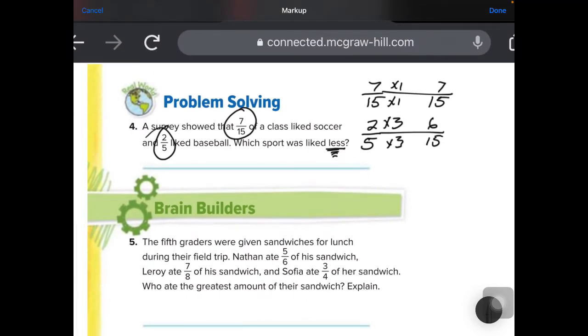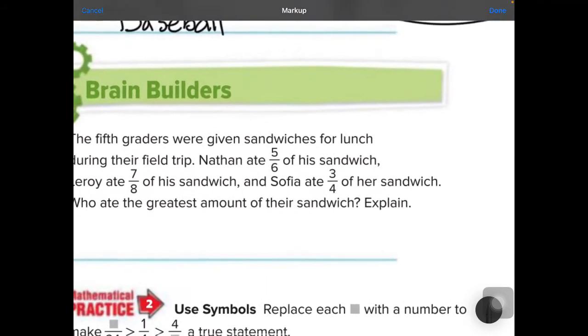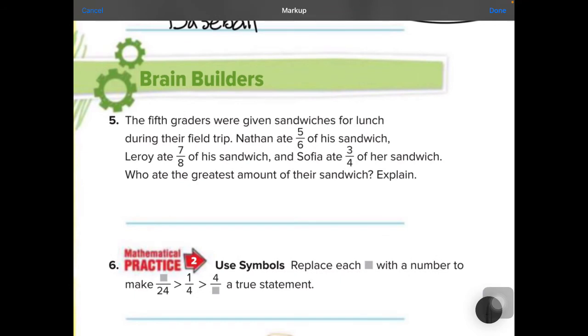Okay, so we have 7/15 and 6/15. Which one was liked less? This one was liked less, and that is the fraction of 2/5. 2/5 was baseball. Baseball was the sport that was liked the least.